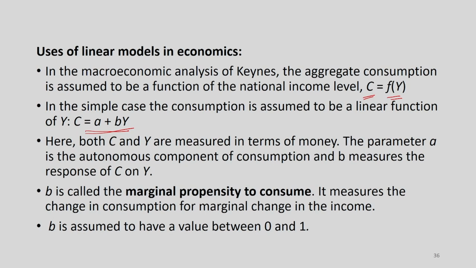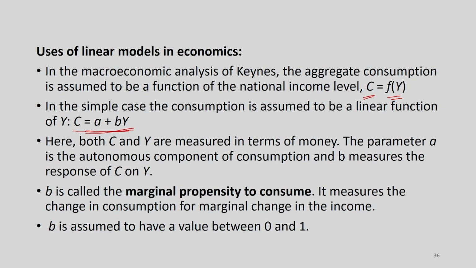The parameter A is the autonomous component of consumption and B measures the response of C on Y, that we have seen before. So, A here is the intercept term, it does not change with respect to the value of the independent variable.